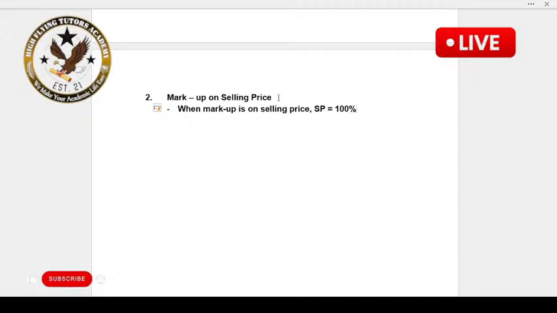So now when markup is on selling price, the selling price is equal to 100%.